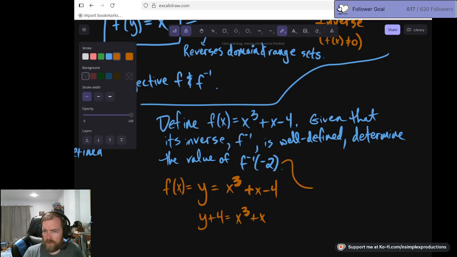Right, we could also remind ourselves that f inverse of y is equal to x. So therefore, if we do f inverse of -2, we want to solve for the proper value when y is -2. So we could, in fact, just plug this stuff in like this.